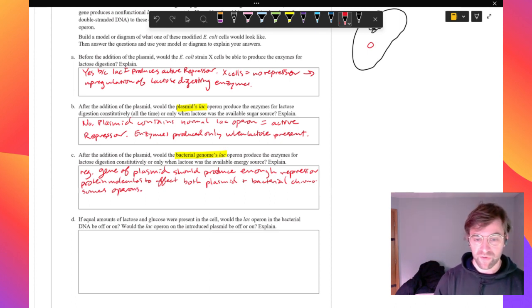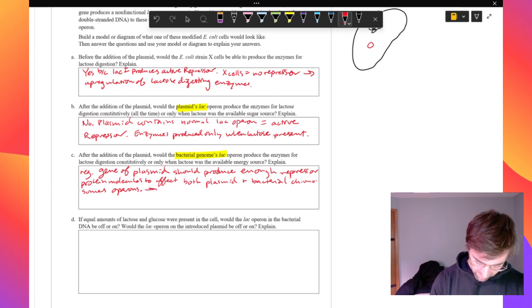So after the addition of the plasmid, the bacterial genome's lac operon would produce the enzymes for lactose digestion only when lactose was the available energy source.